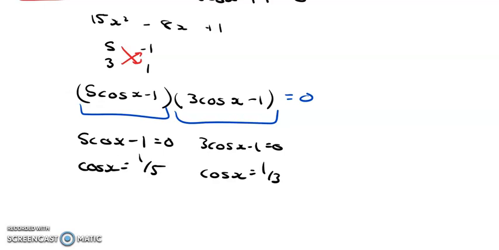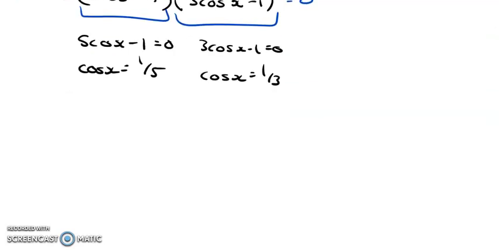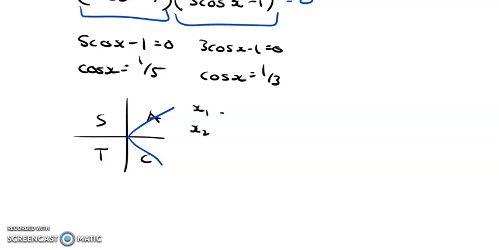All right. So again, I'm going to want to find my different quadrants where cosine equals positive 1 over 5. And that's going to be quadrants 1 and 4. So I would find those values, and the values you would get for those are 1.36 radians, and then 4.92 radians.